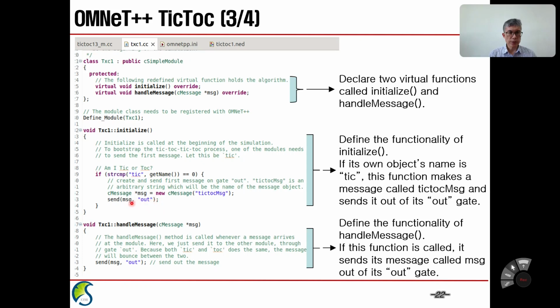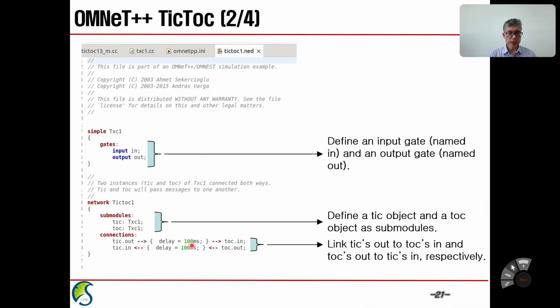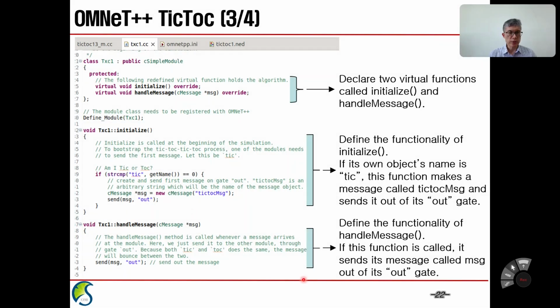So this output gate sends it, and eventually, after the 100 millisecond delay, Toc's input gate receives this message. Toc receives it, and then sends out its own output. Toc's output gate sends this message toward Tic's input, and then Tic's handleMessage receives it.